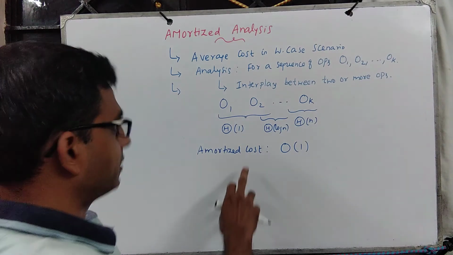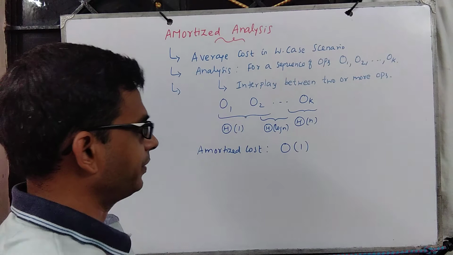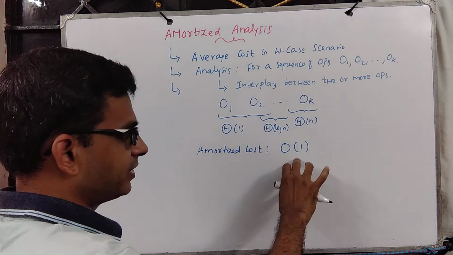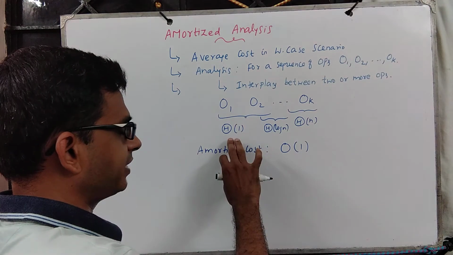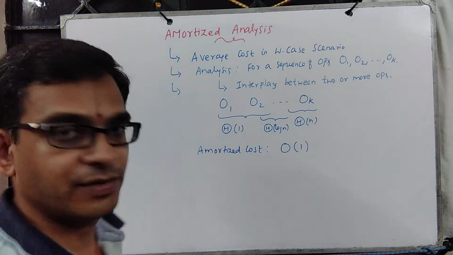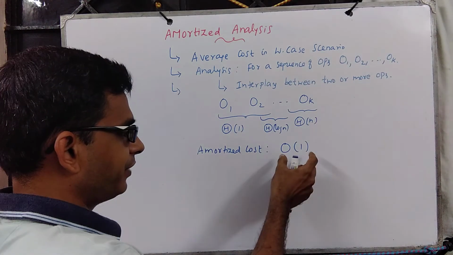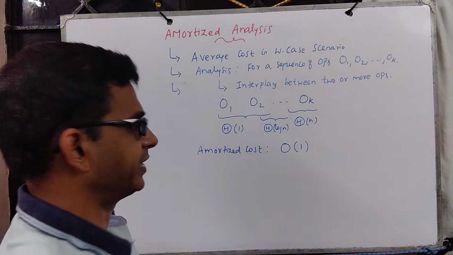When we say this, because it is average cost in the worst case scenario, it doesn't mean that every operation is taking this. So you may find operations which are taking more than this, but that will be very few in number. So majority of them are close to constant.